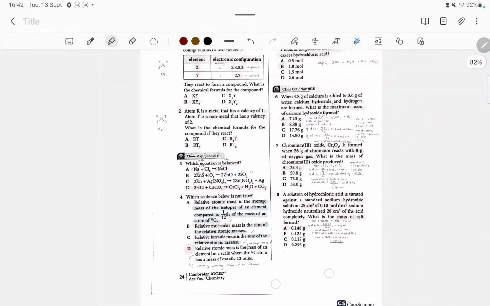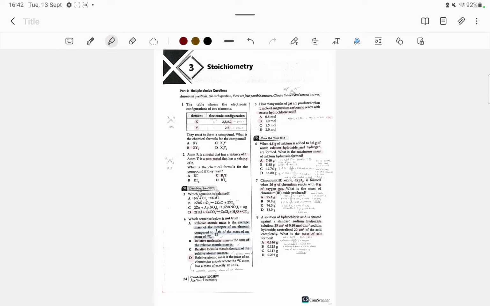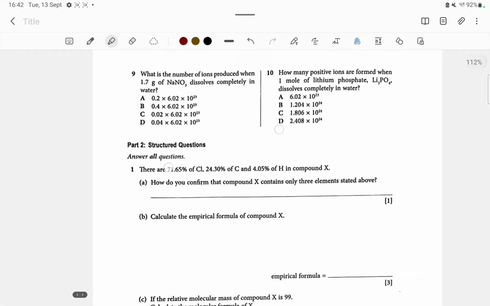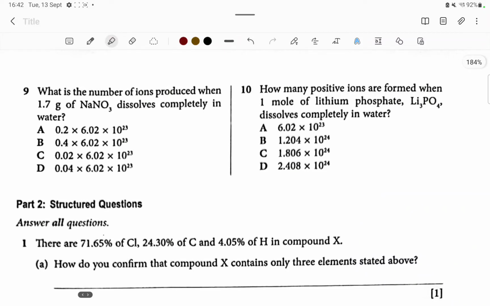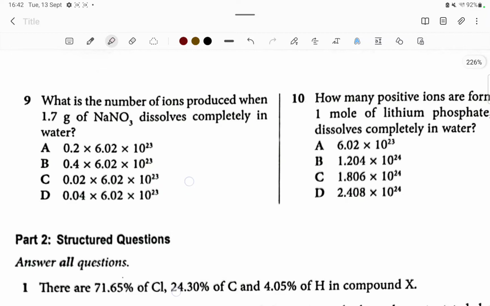Okay, so we have done the first page now. Let's look at the second page. What is the number of ions produced when 1.7 gram of NaNO3 dissolves completely in water? So when we are counting the number of something, you always use Avogadro constant, 6.02 multiplied with 10 to the power of 23.